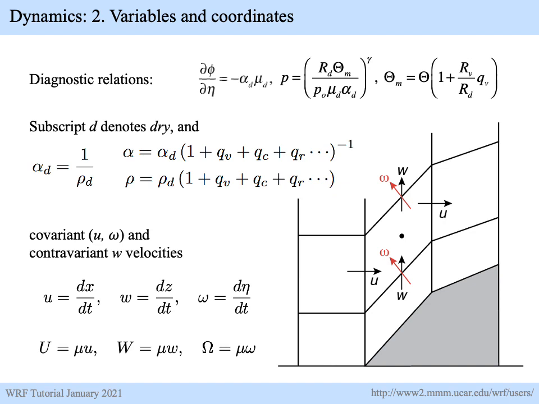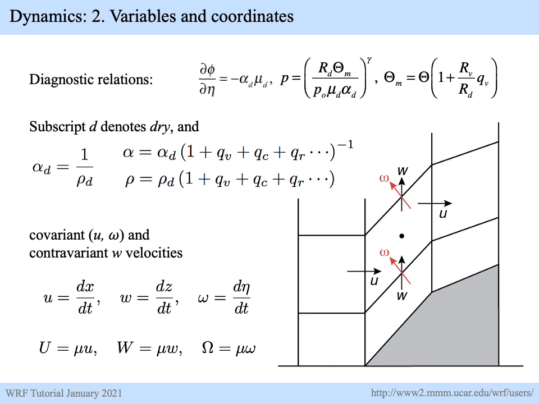Variables that are not prognostic we compute, and these are called diagnostic relations, and we use that to compute other variables. For example, the definition of the vertical coordinate as the dry hydrostatic pressure is the first equation you'll see on the slide up top on the left, and we use that given that we have prognostic equations for the column mass mu and the geopotential.